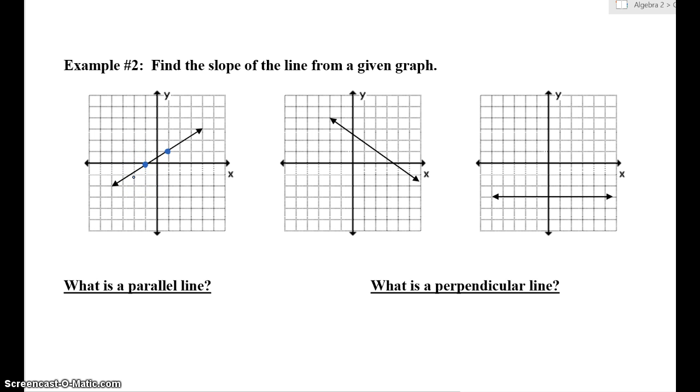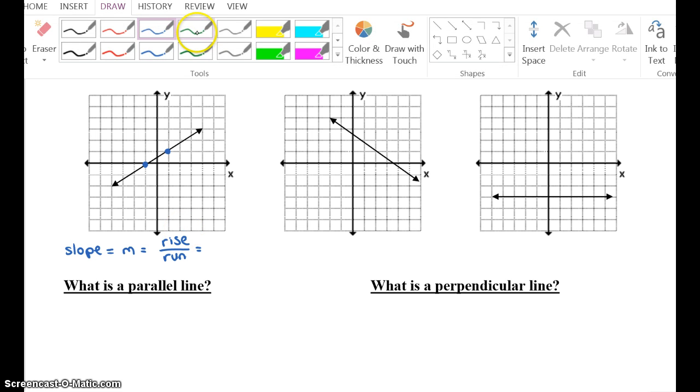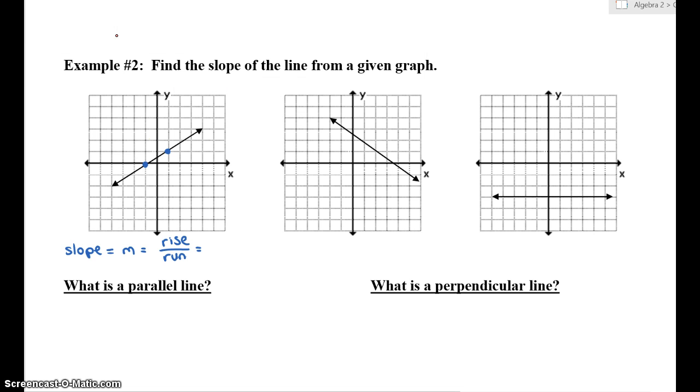So then what we would do is the rise over the run. We know that slope is equal to m, and it's equal to the rise over the run. What that means is rise is how much you are going up or down, and run is how much you are going to the right and left. So I'm going to do my rise in red. I'm rising up 1 unit to line up with the other point.